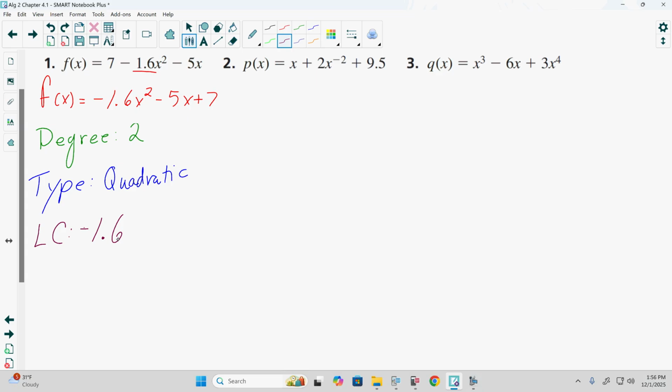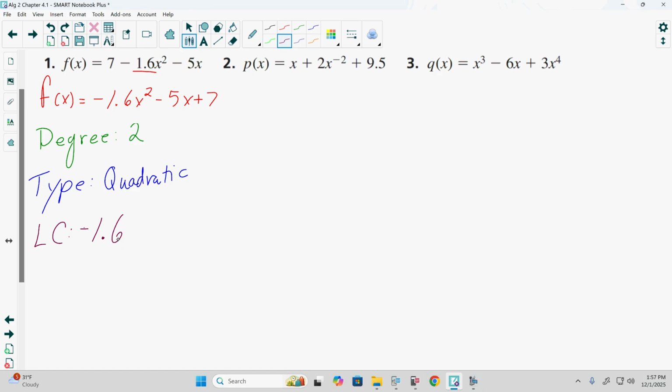Question on number 1. Let's look at number 2. Can we say that x plus 2x to the negative 2 plus 9.5 is a polynomial function? So why would we not? Negative exponent. We have a negative exponent attached to a variable.